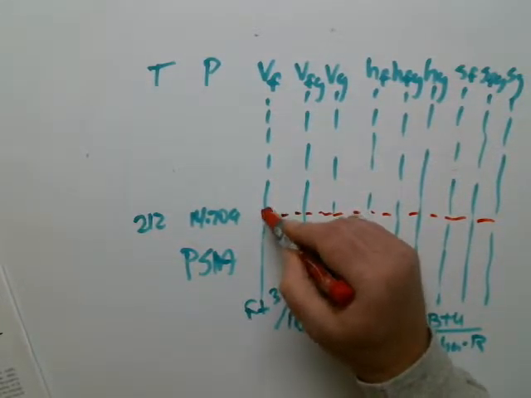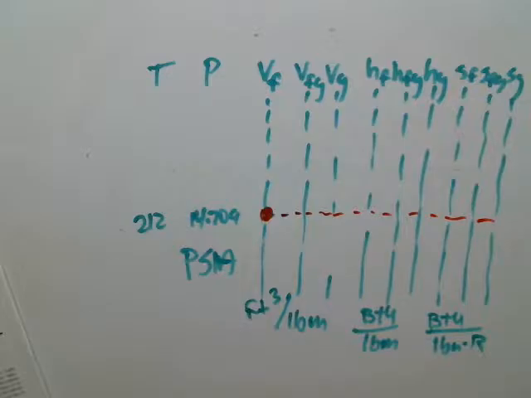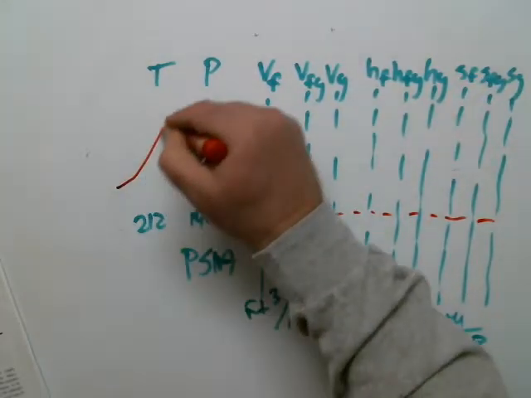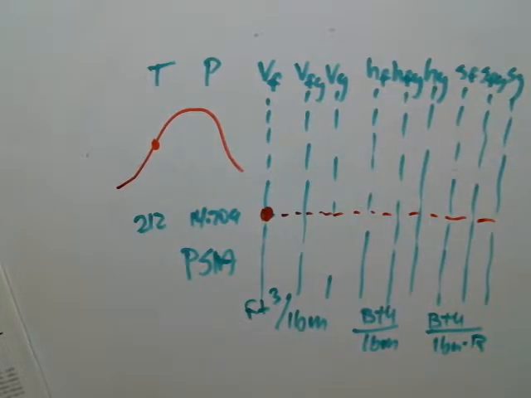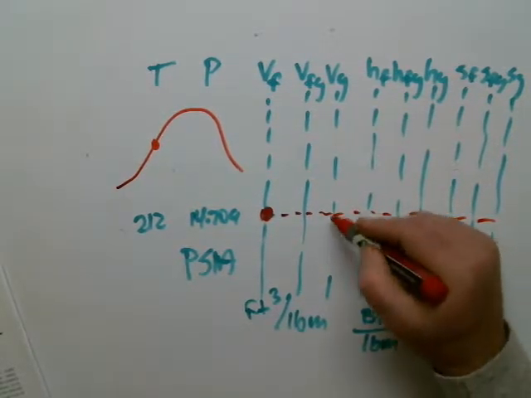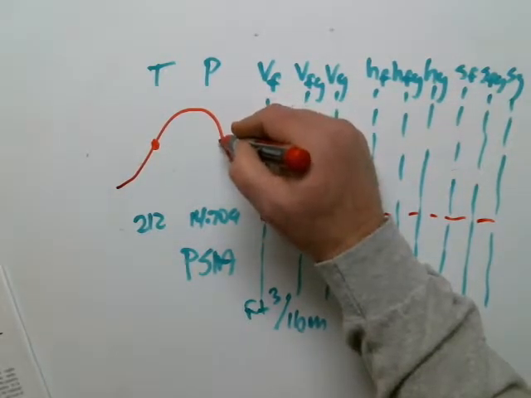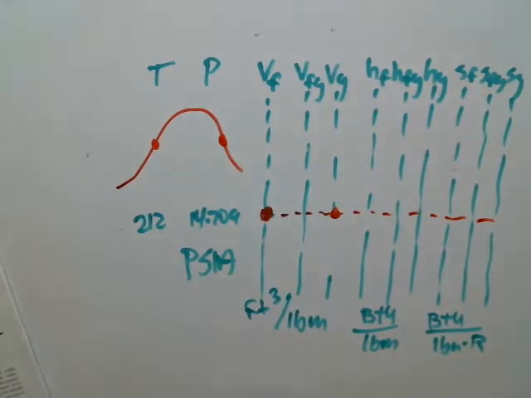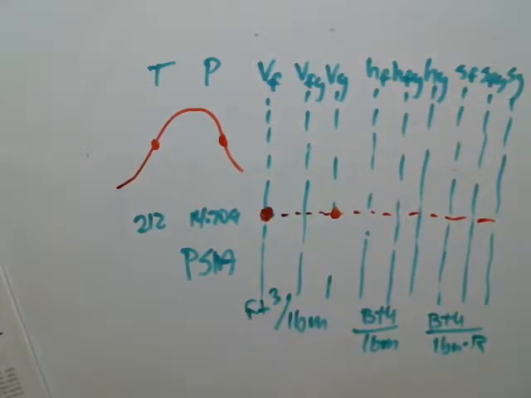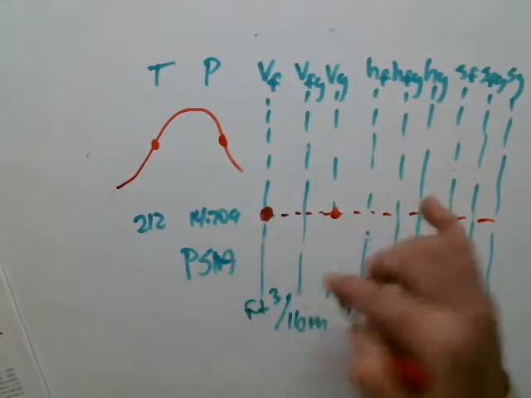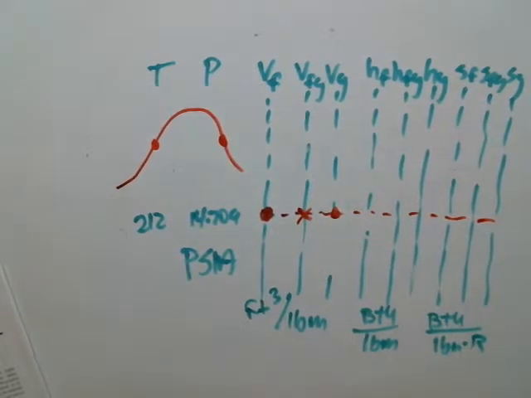So if I want to know what the specific volume is, I can look it up, V sub F. Remember, that is the volume that saturated water would contain at atmospheric temperature and pressure. I could look up V sub G, the volume that the steam would have. And I know that it would expand massively as it turned from water to steam. So I would expect V sub G to be much greater than V sub F. And the difference between the two is nothing more than V sub FG.